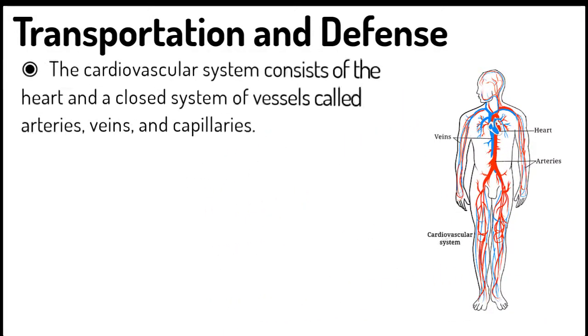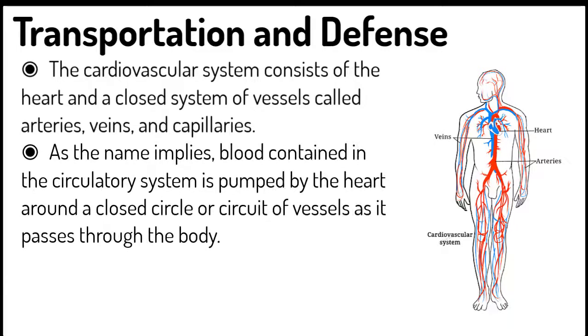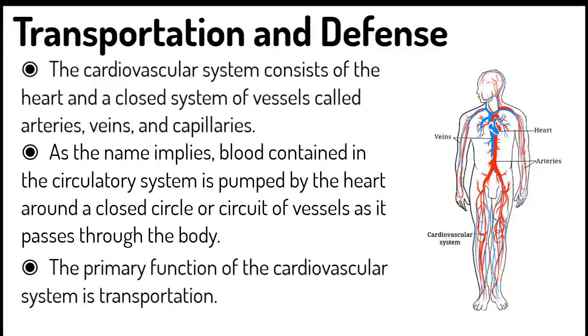The cardiovascular system consists of the heart and a closed system of vessels called arteries, veins, and capillaries. As the name implies, blood contained in the circulatory system is pumped by the heart around a closed circle or circuit of vessels as it passes through the body. The primary function of the cardiovascular system is transportation.